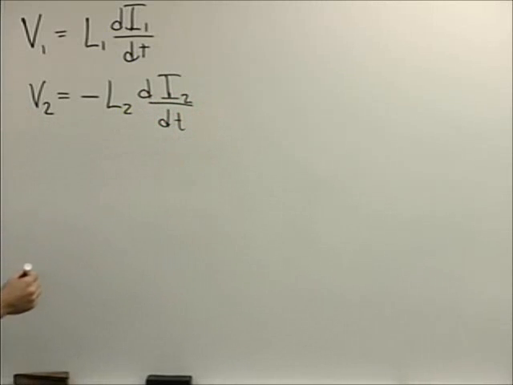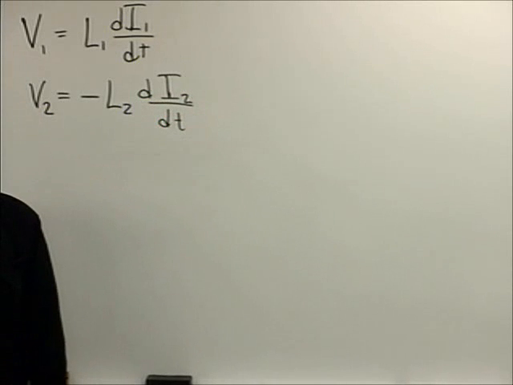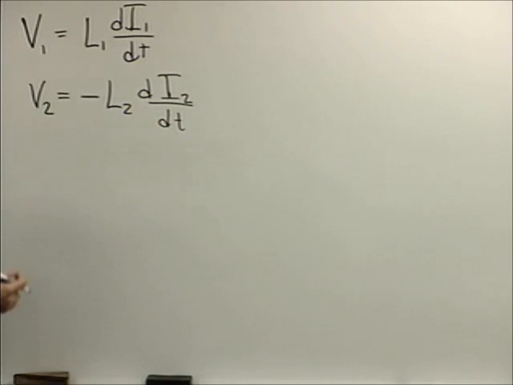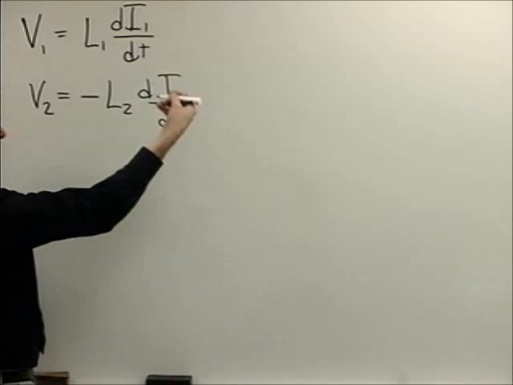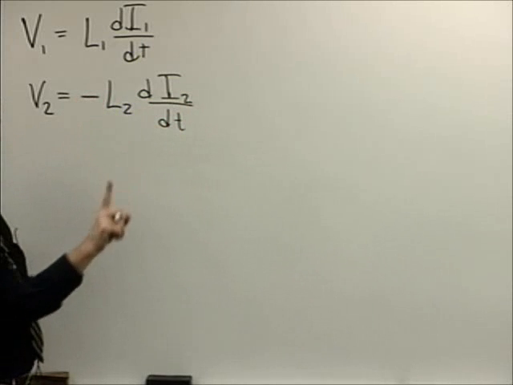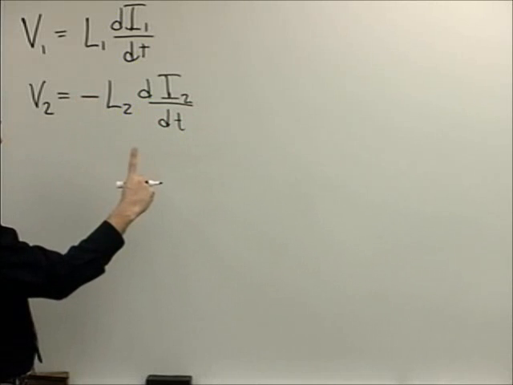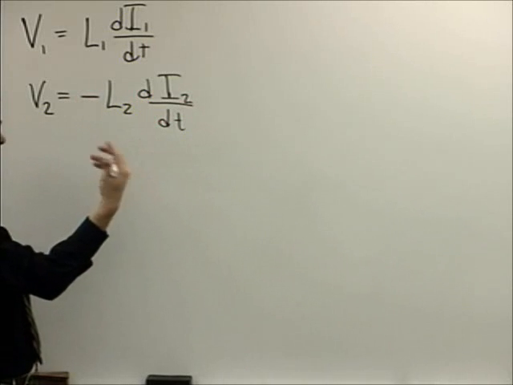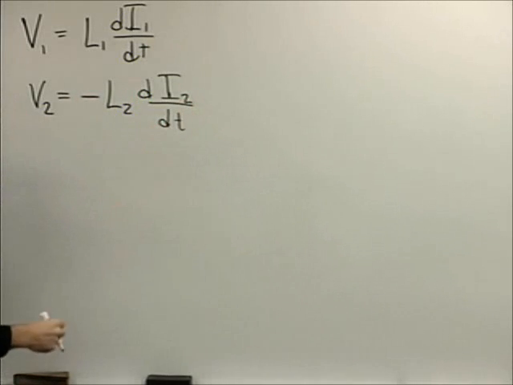Notice that I have a negative sign in front here, and that's just because my I2, as I've defined it in that diagram, is flipped in polarity. It's coming out of the top of the inductor instead of going into the inductor. If I define it the other way, I could put a plus there. But I don't want to do that because I want to attach a complex impedance to the other side of that second terminal. It'll be apparent why that's a useful way to define it when we get to that point.